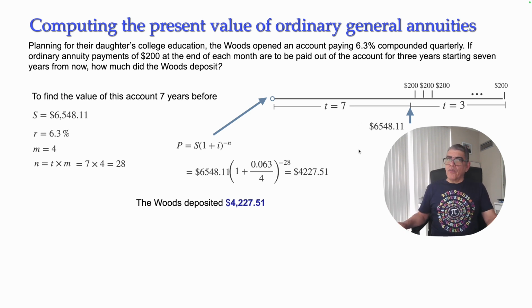There is another way to solve this problem, because we already computed i that maybe is in the memory of your calculator. We can use this i instead of this. So remember the formula says i, periodic rate of interest, and this is actually a periodic rate of interest every quarter.